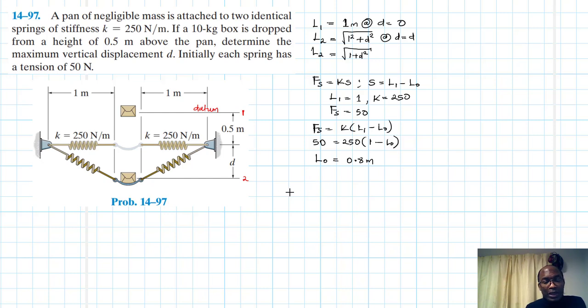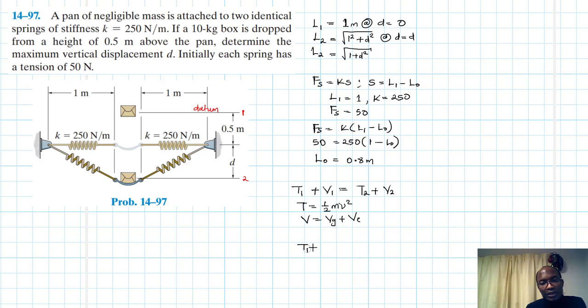Right, let's now apply the conservation of energy principle equation. So we have T1, which is the kinetic energy, plus V1, potential energy, is equal to T2 plus V2. So T is the kinetic energy, and V is Vg plus elastic energy.